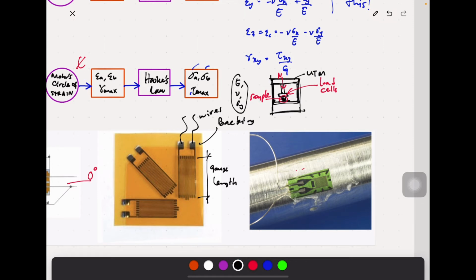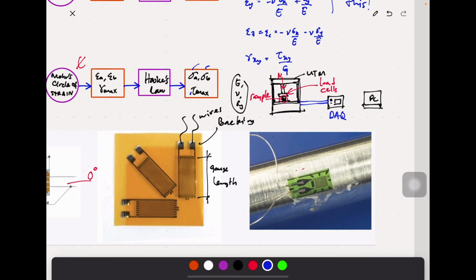Next, this sensor needs to be read by this DAQ. Engineers call this a data acquisition system. Last but not least, you're going to have a computer. I'm going to call it PC. The signal from the load cell of the machine goes through the DAQ, the data acquisition system.